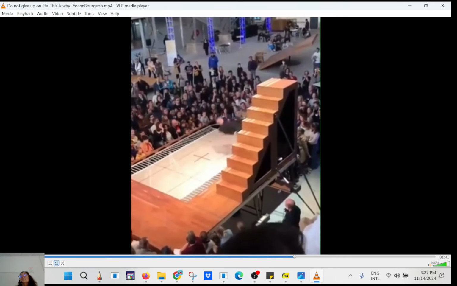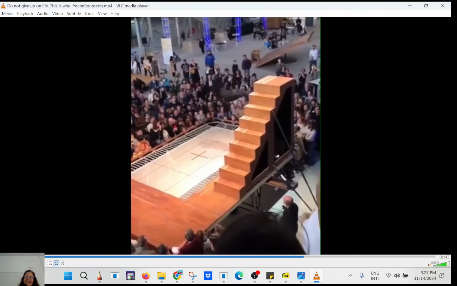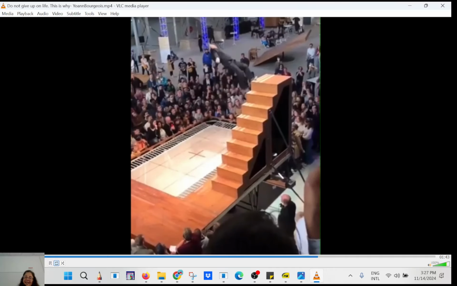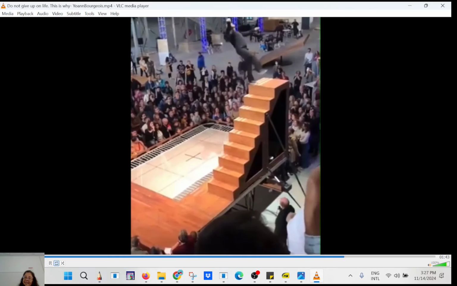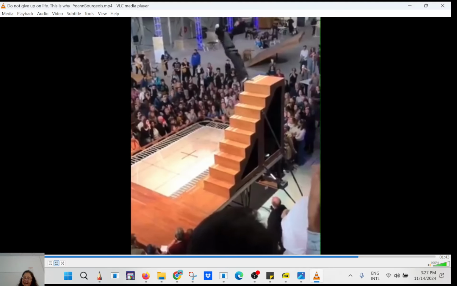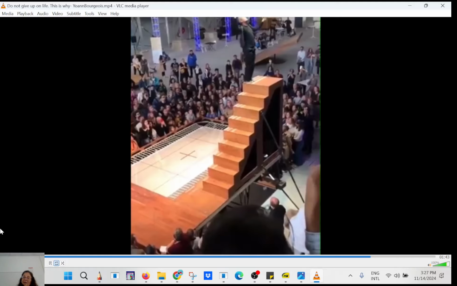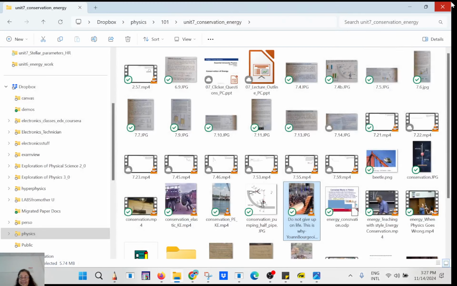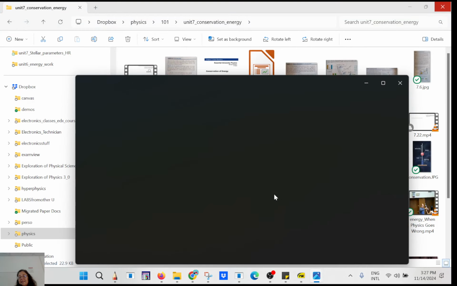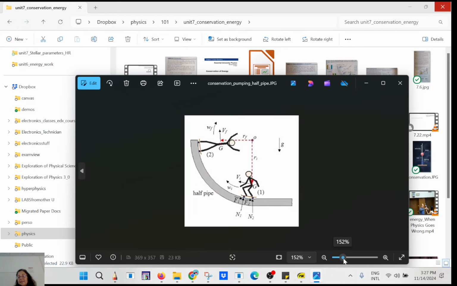So what he's doing here is using his muscles to pump it up, right? He's doing work with his muscles to increase the energy level so he can get back to the initial height. That's very athletic. So what I mean by that is sometimes, I don't know if you do skateboarding.